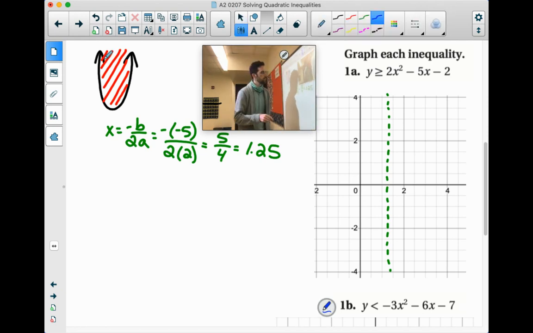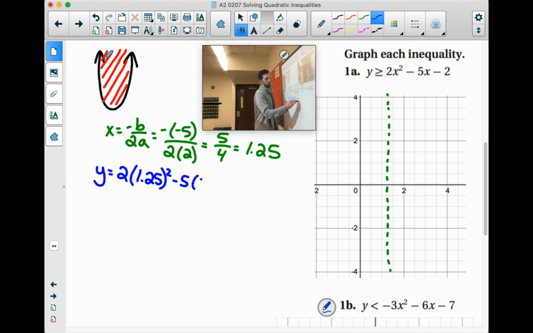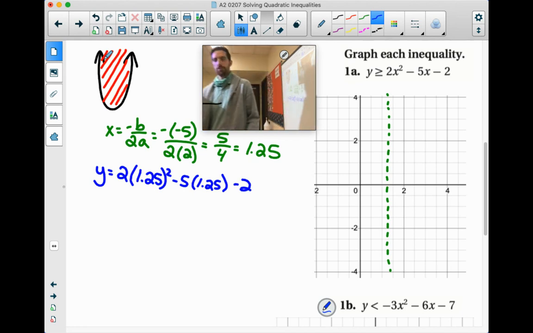Remember, immediately when you find that, you substitute it in for x. So y equals, we don't need the inequality yet, 2 times 1.25 squared minus 5 times 1.25 minus 2. Let me get my calculator.